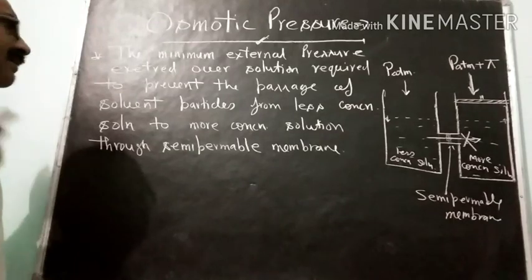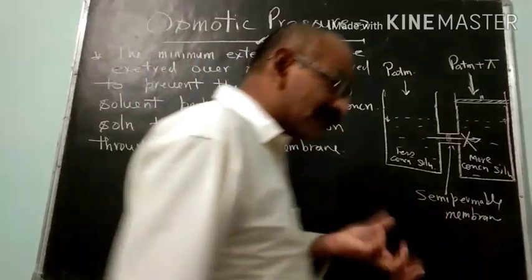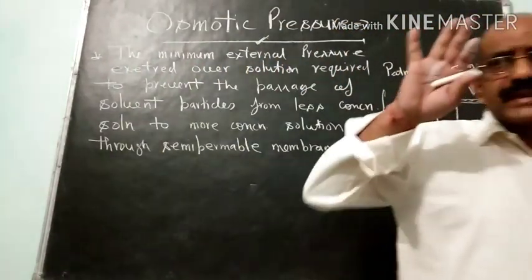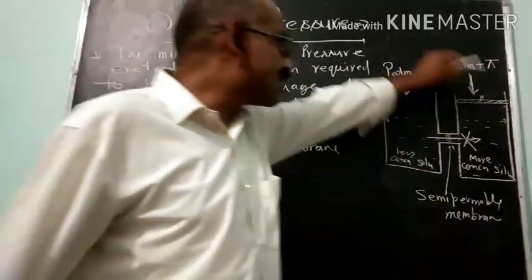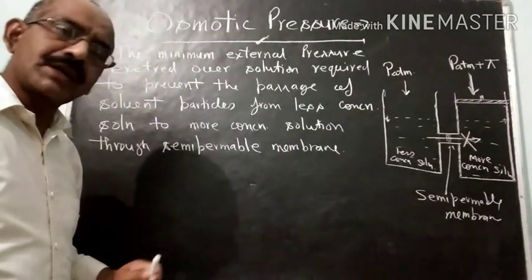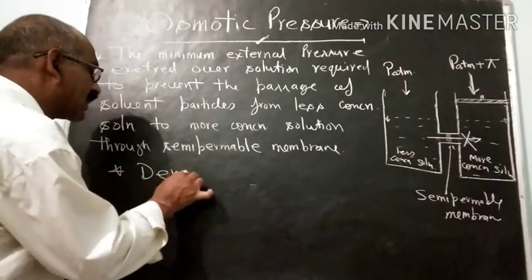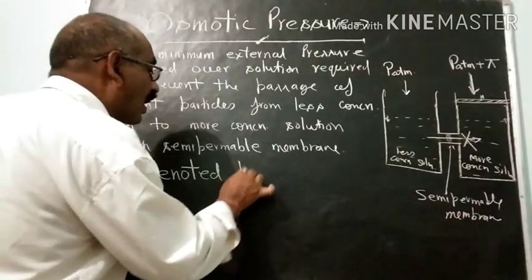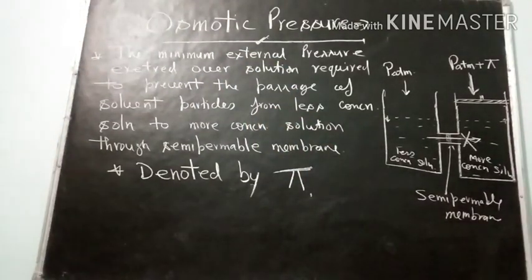So the minimum external pressure applied over the solution to check the osmosis process is called osmotic pressure. Remember, this one is denoted by pi. So the osmotic pressure term is denoted by pi. Okay?